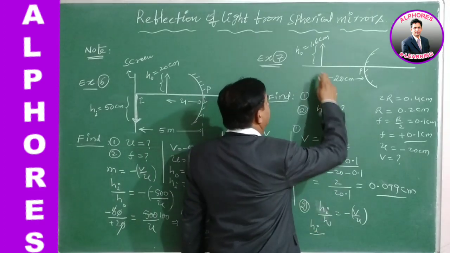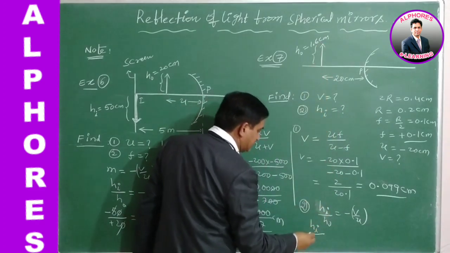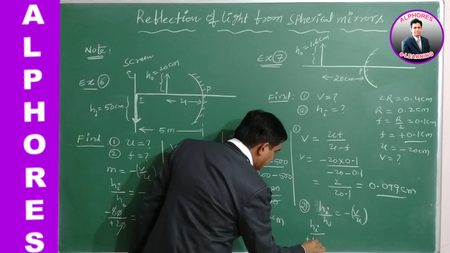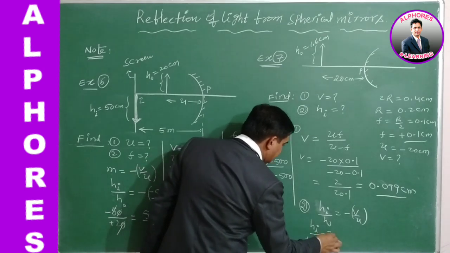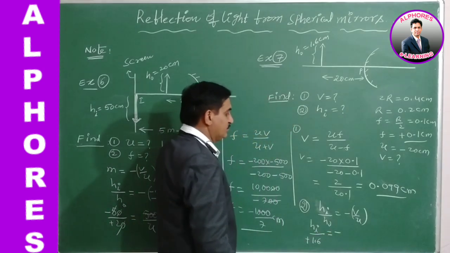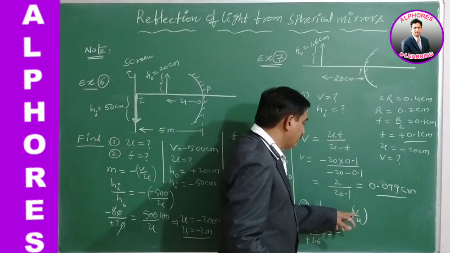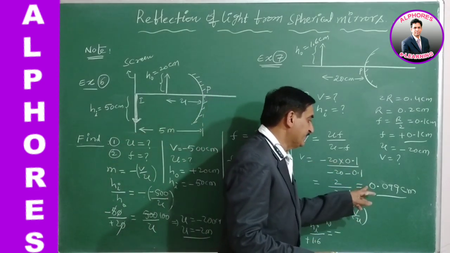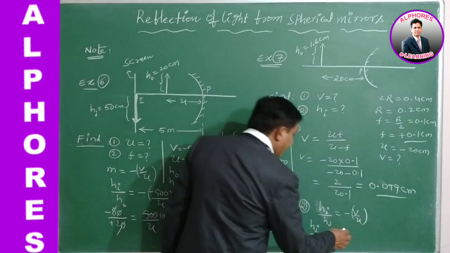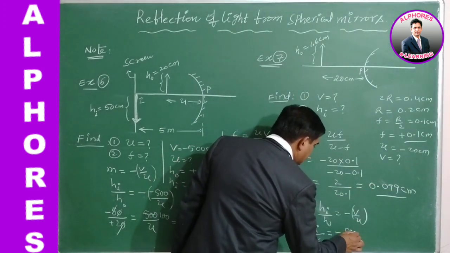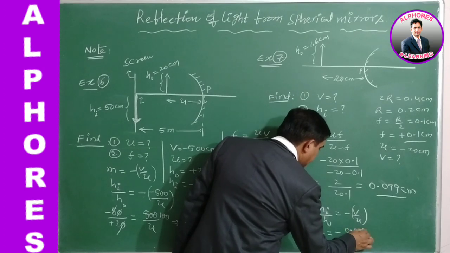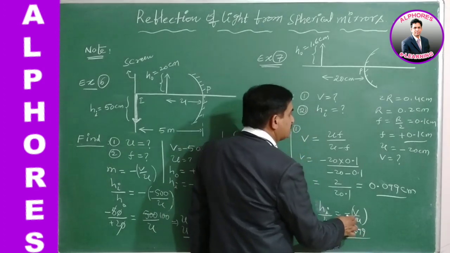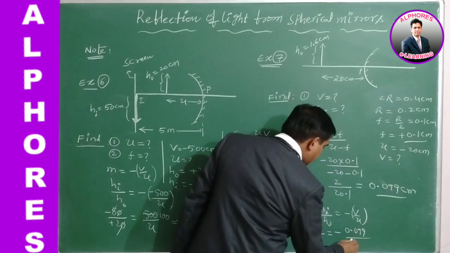H naught is above the principal axis, therefore it is positive 1.6 centimeters, which is equal to minus. The image distance V is actually a virtual image formed, and we are getting a positive value, therefore as it is, we have to substitute 0.099 by the object distance, minus 20.